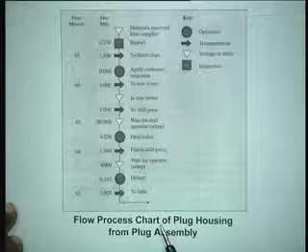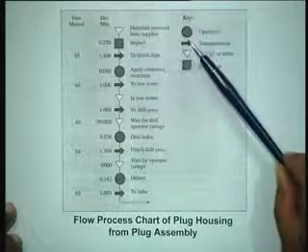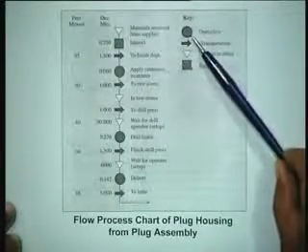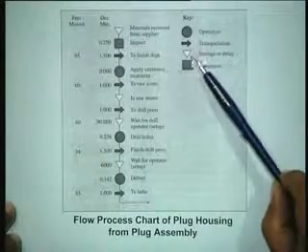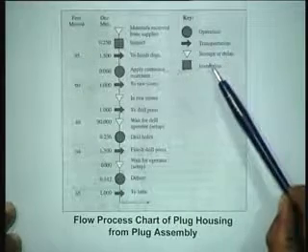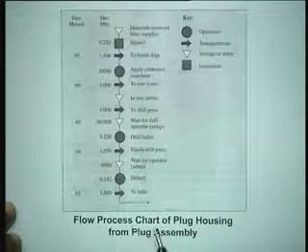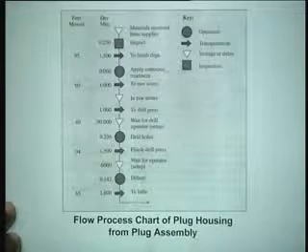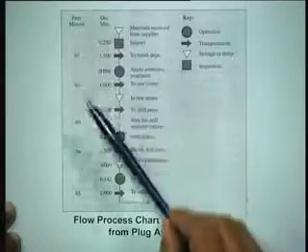This particular diagram is called a flow process chart. In a flow process chart, essentially, we are using the standard industrial engineering symbols of circle for operation, transportation, storage or delay, and an inspection. And what is being said here is that this particular chart describes how the plug housing from the plug assembly, that is that particular component, will move and what are the timings.